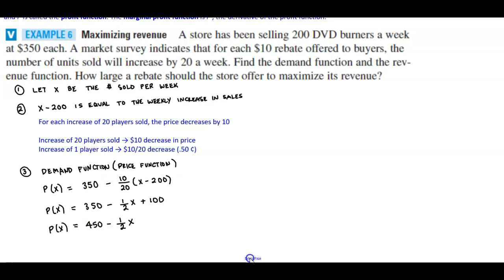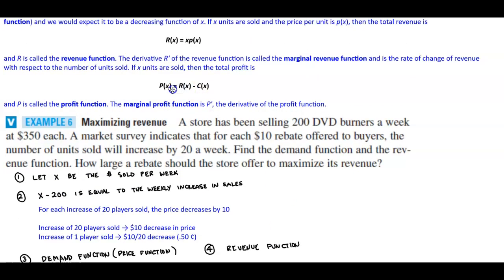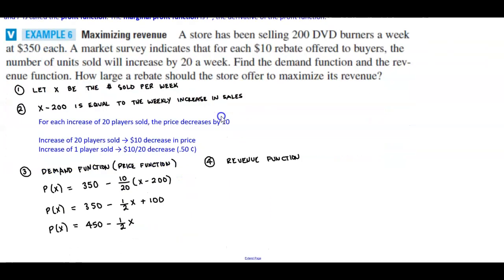Okay, so now we want to find the revenue function. What do we know about the revenue function? Well, the formula is up here for the revenue function. It's x times P of x.